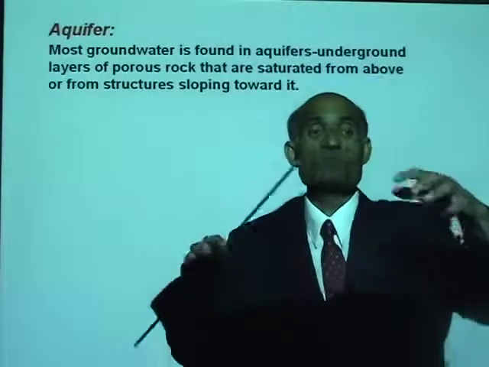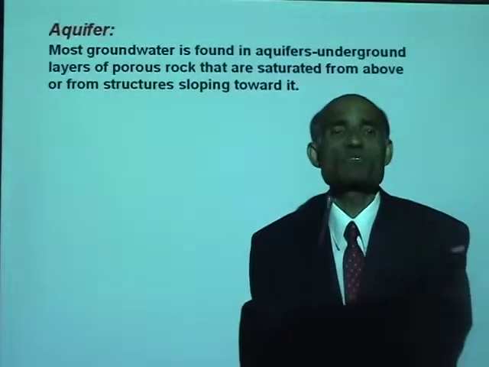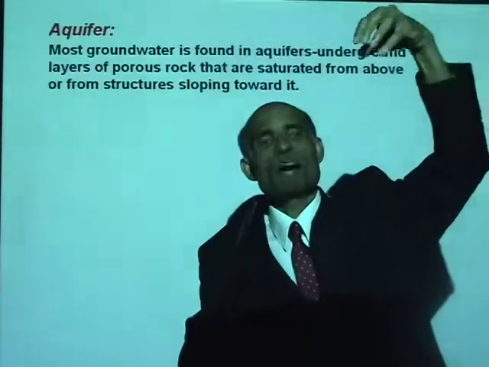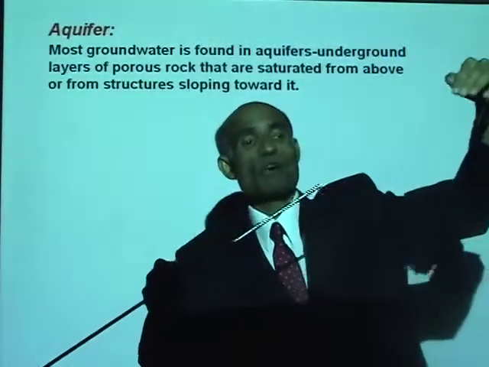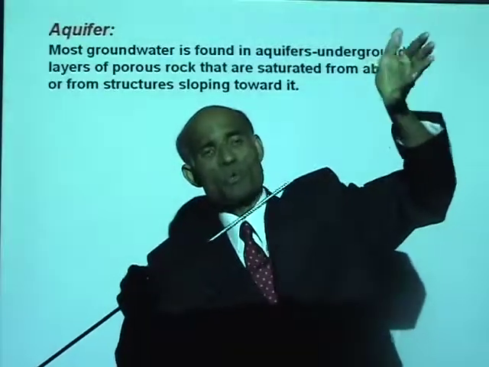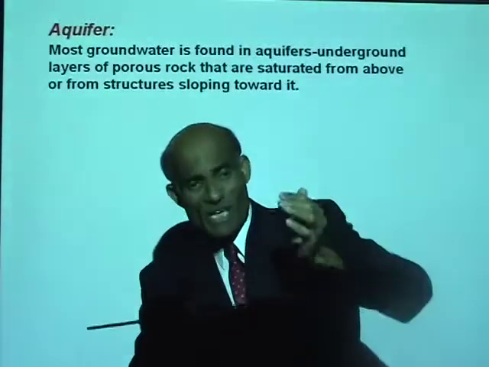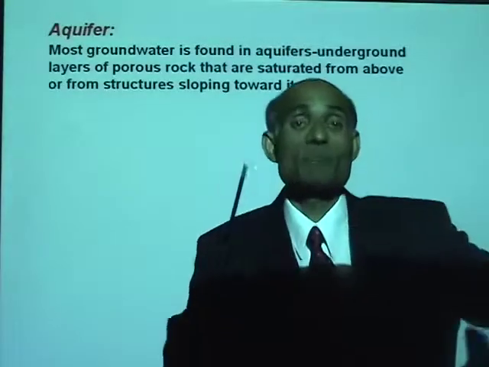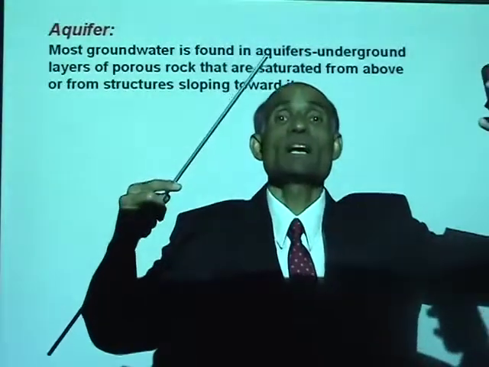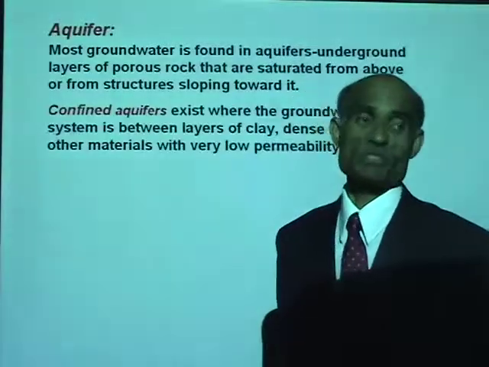That means the spaces in the rock get saturated by water flowing from above or water flowing through a sloping area into the aquifer. Now, they get saturated by supply of water by these various sources.